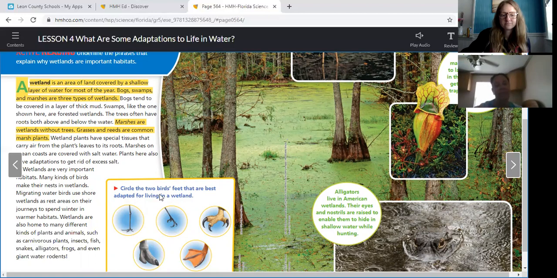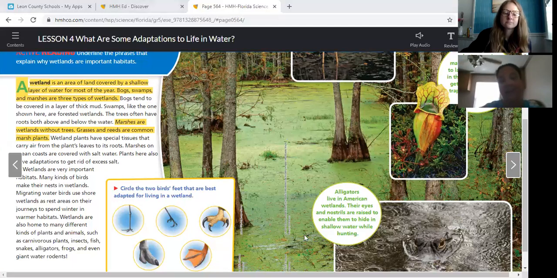So here, Miss Lamb, we've got 5 pictures of birds' feet, right? So if we numbered these 1, 2, 3, 4, 5, which ones, Miss Lamb, would you say are adapted for the wetland? I think a wetland creature might need webbed feet.